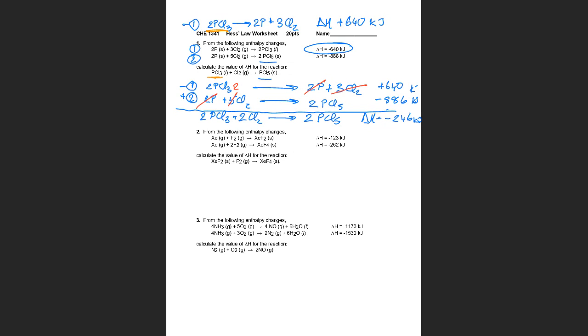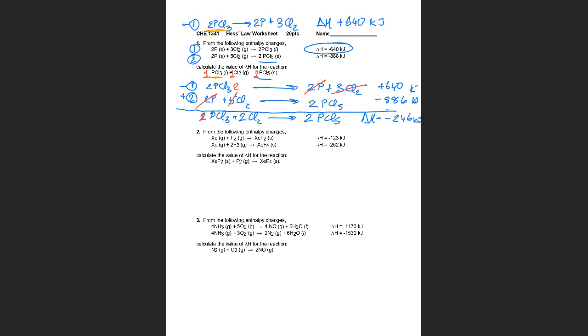Is that my answer? It feels like I've done quite a bit of work. That should be my answer by now. But it's not quite, because that's not what the question asked for. The question asked you to find the value for when one PCl3 reacted with one chlorine gas to make one PCl5.